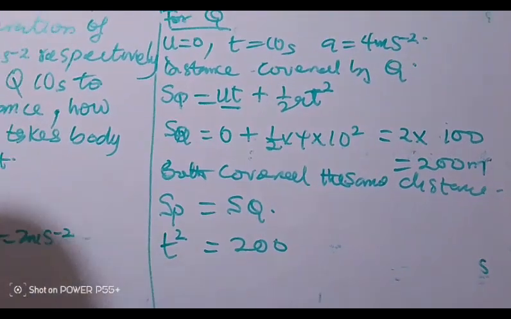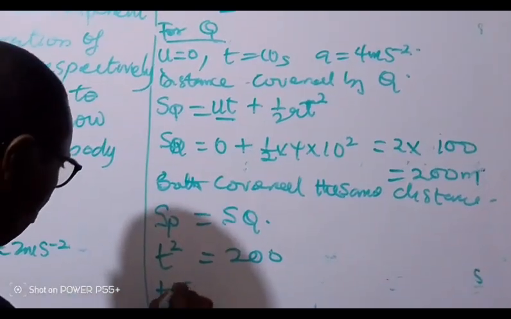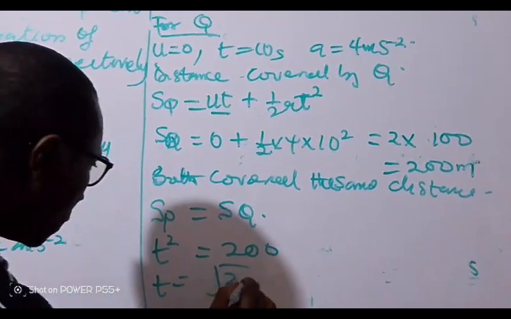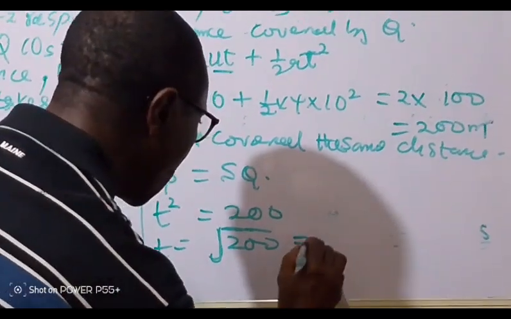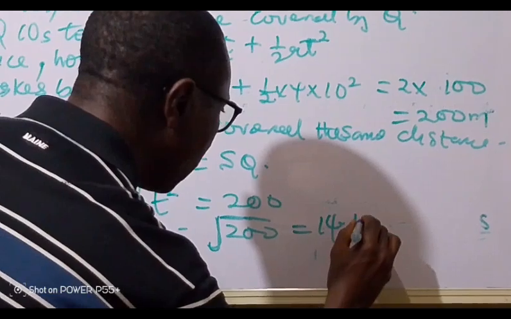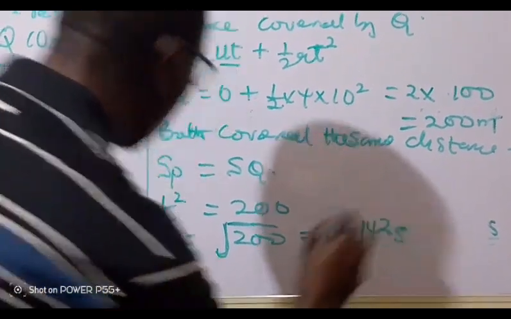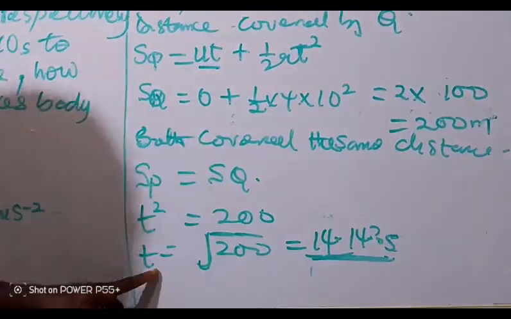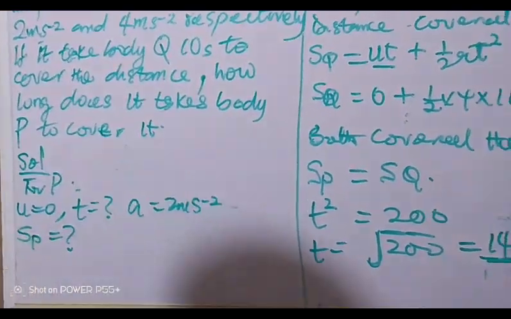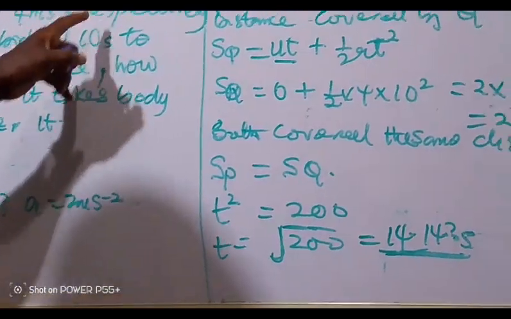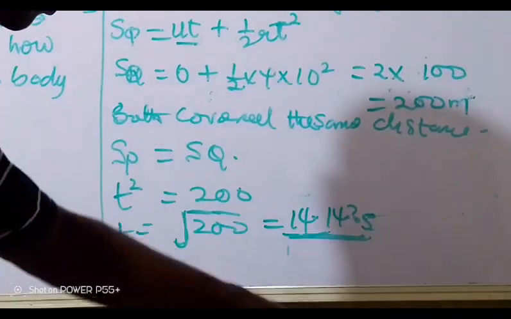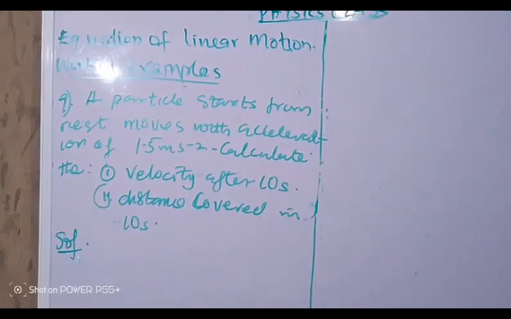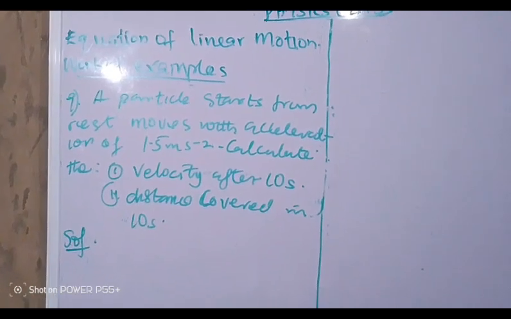So from there now, t will be equal to square root of 200. Now, this one will now give us 14.142 seconds. So the time taken for body P to cover the same distance as that of body Q will be equal to 14.142 seconds.